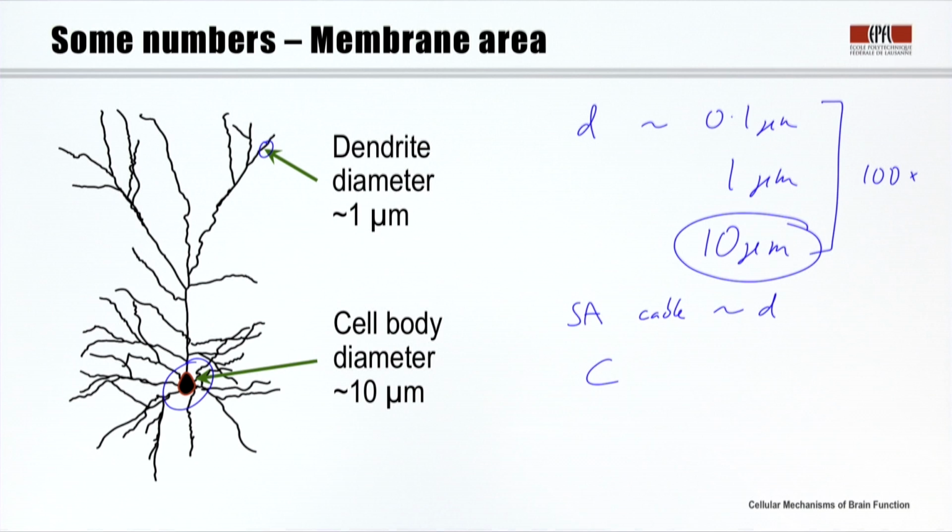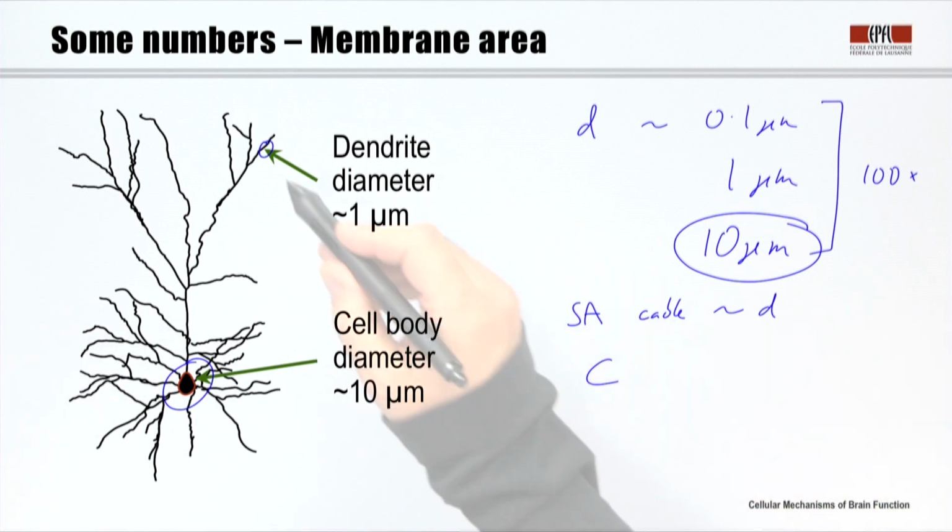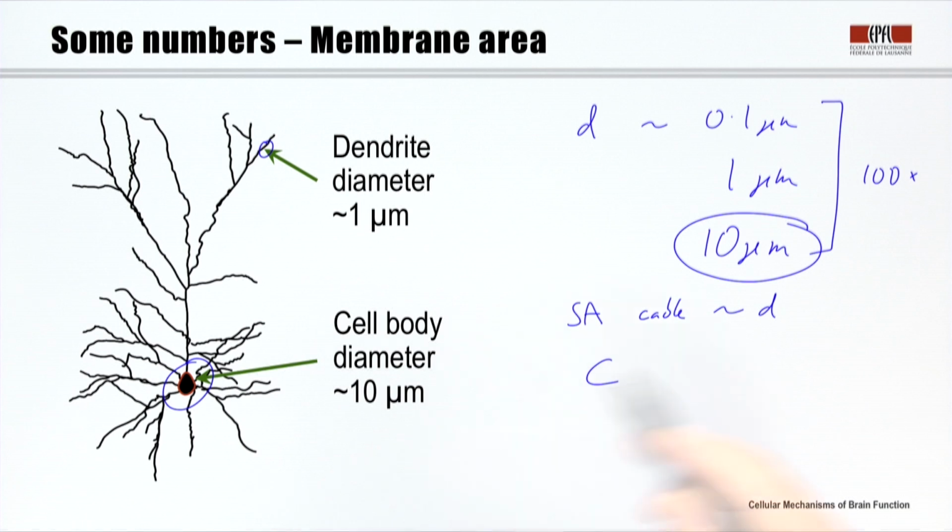a dendrite. A given amount of current or charge flowing into a small dendrite here with a small amount of capacitance might then give rise to a very large voltage change, whereas the same charge flowing into the cell body will give rise to a smaller change in membrane potential.